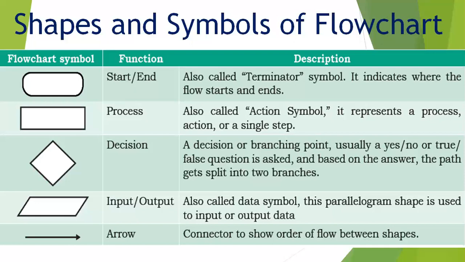Then coming to the fourth symbol, the parallelogram symbol, which shows where and how the data is coming in and going out throughout the process. It is also called a data symbol. So this parallelogram shape is used to input or output data. And the arrow indicates the directional flow. The arrow is used to guide the viewers along the flowcharting path.